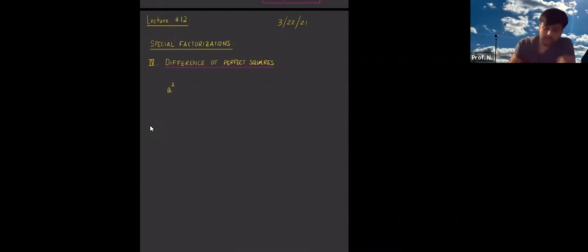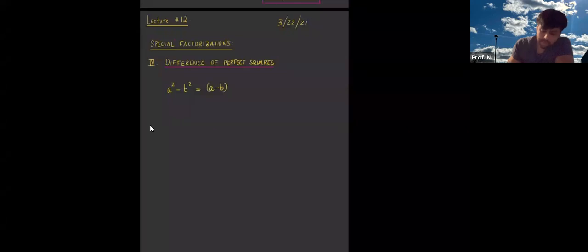The moment you have a variable and you square it, this whole thing, a squared, is a perfect square. When we have a squared and we subtract some other perfect square, b squared, we have a factorization for it: a minus b multiplied by a plus b.